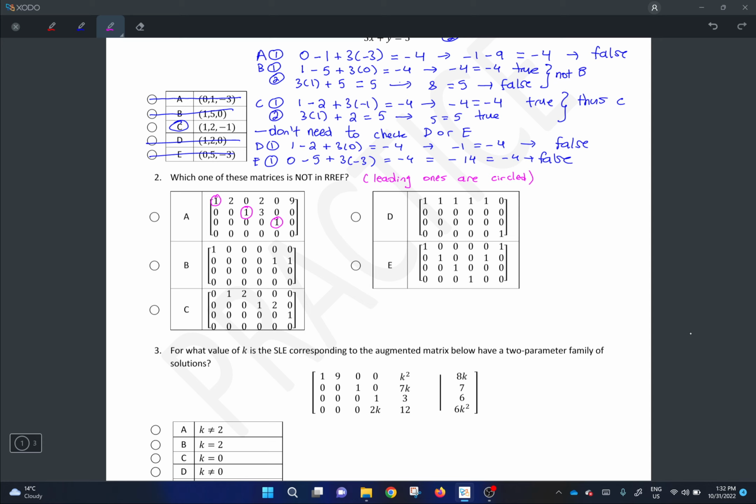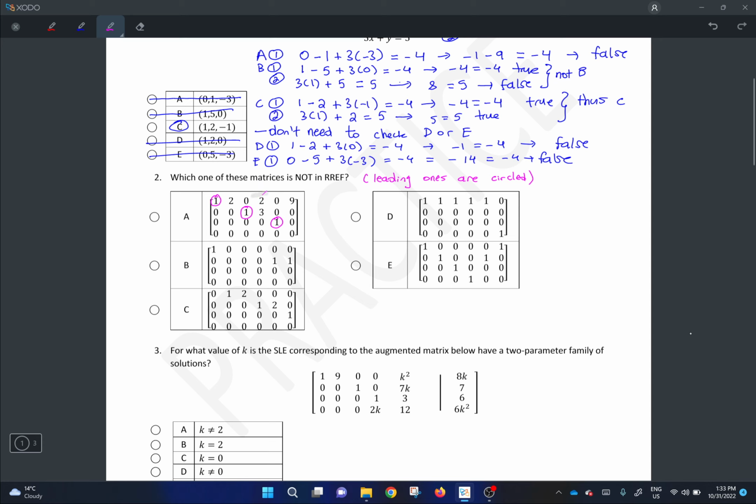We cannot introduce additional leading ones. For example, I cannot put a leading 1 inside column 2, because that would mean finding a spot to put a 1 in one of those entries, and it's not possible to do that without making that top left leading 1 unhappy. Likewise, inside the fourth column, we can't put a leading 1 there.